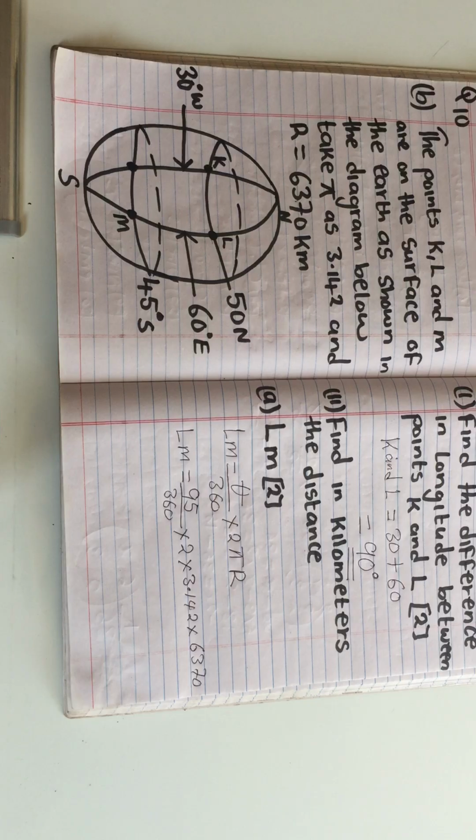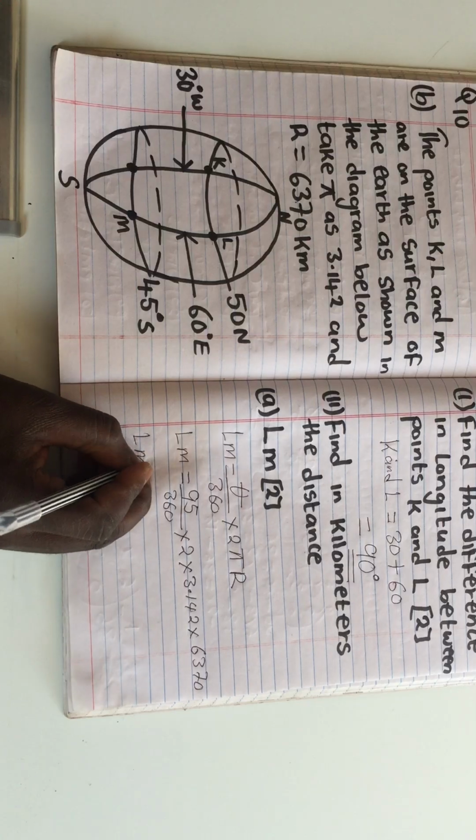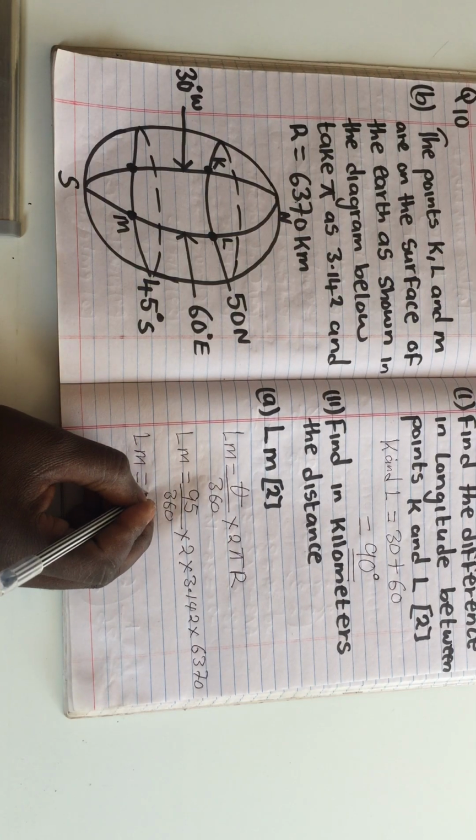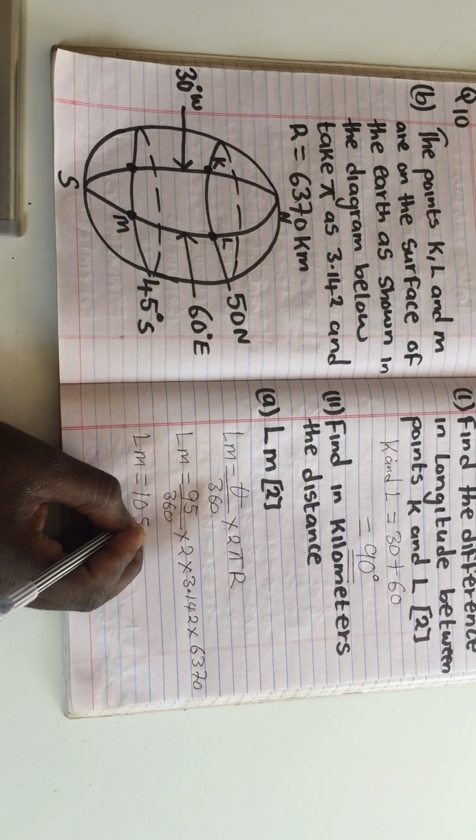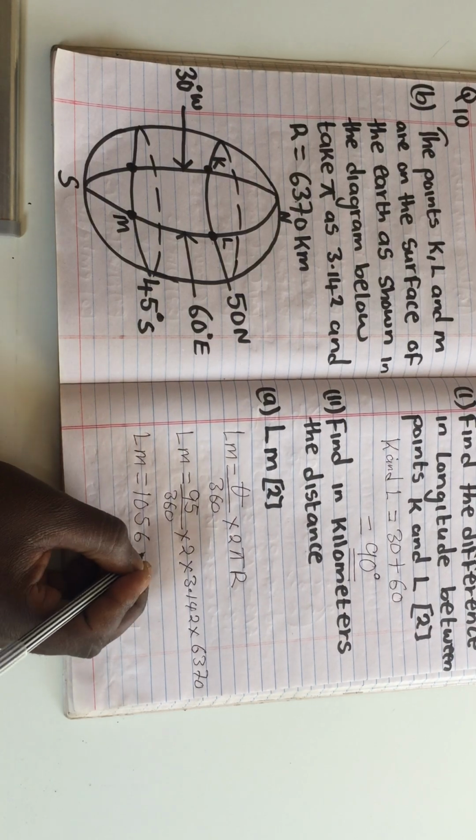So you get your calculator, you punch 95 divided by 360 times 2 times 3.142 times 6370. What do you get? You get LM equals 10,563.22944.